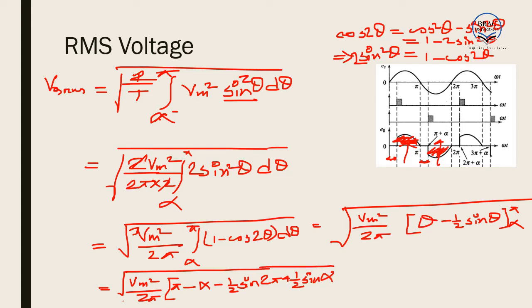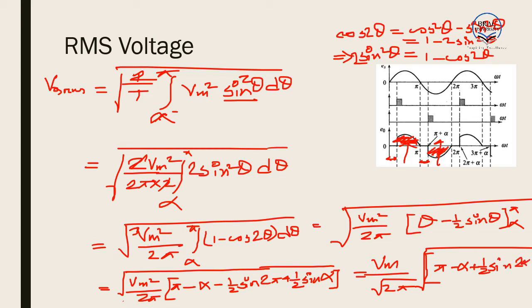Now we know sine 2 pi is equal to 0, so we can take Vm square by 2 pi out and we get Vm by root over 2 pi, root of pi minus alpha plus half sine twice alpha. Here we have twice alpha, half sine twice alpha. So this is the expression of the RMS voltage.